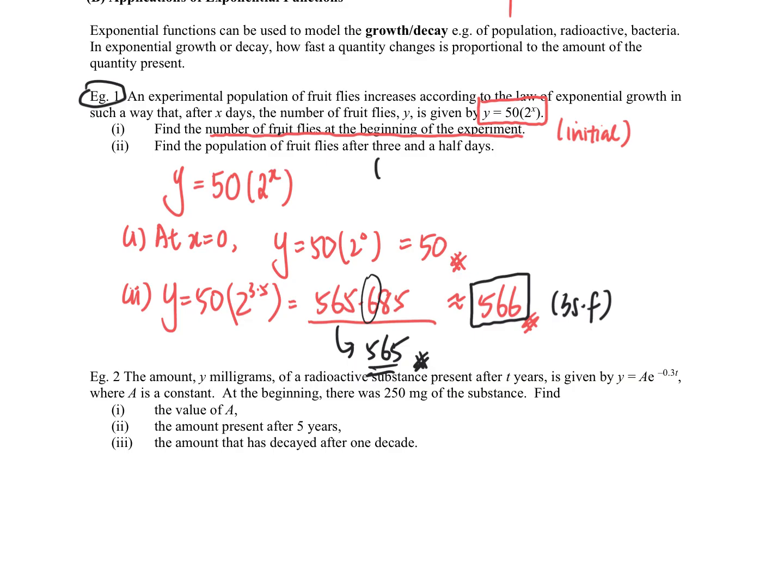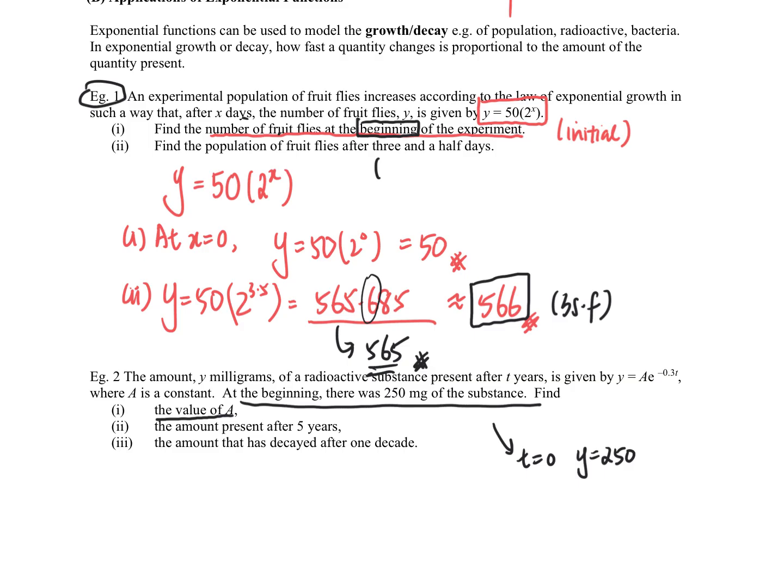So for this one, you see the value of A. They say at the beginning there's 250. So when t is 0, they say y is 250. Then you can solve for A. All this is just substituting. Why is it not 0 for the power? Because at the beginning, I haven't even started from 1 day.